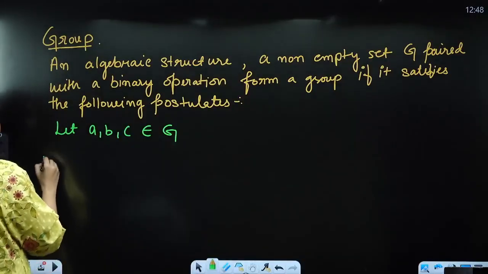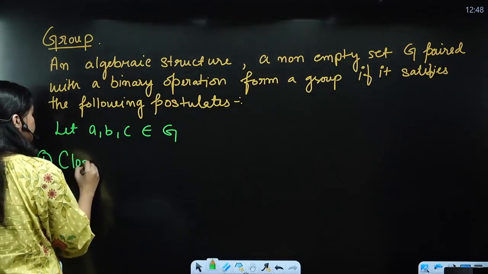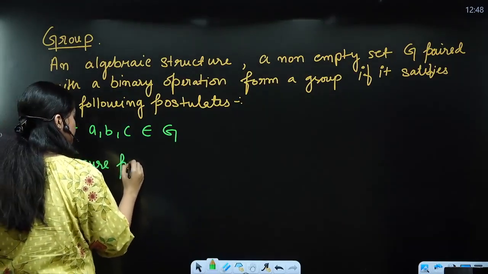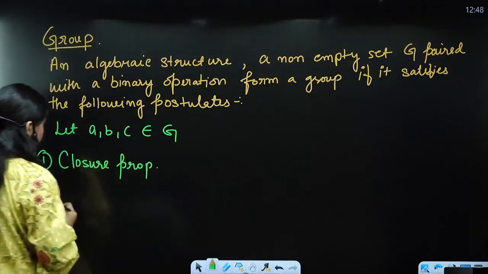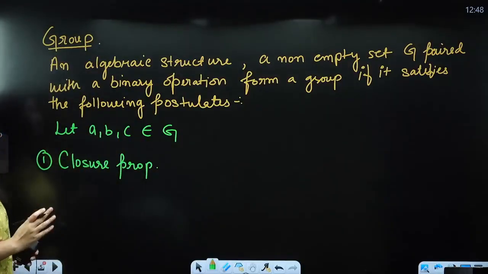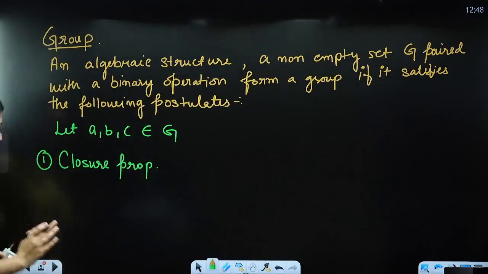Alright. Now the first property is your closure property. A, B, C are elements of the non-empty set G that we have taken.